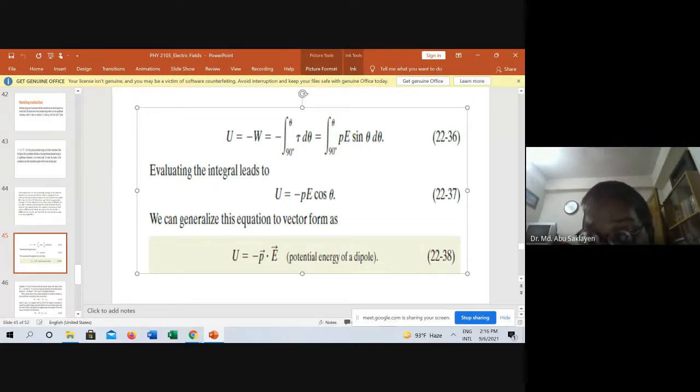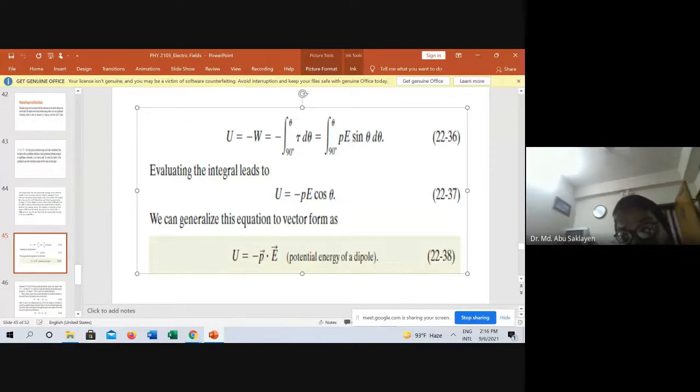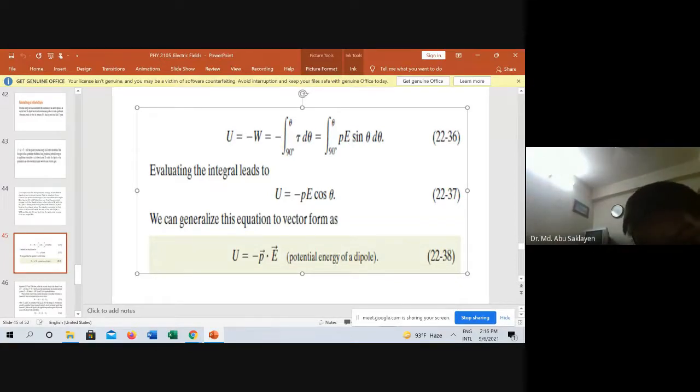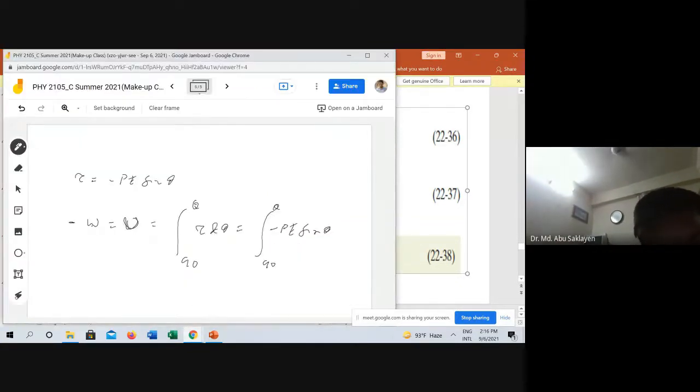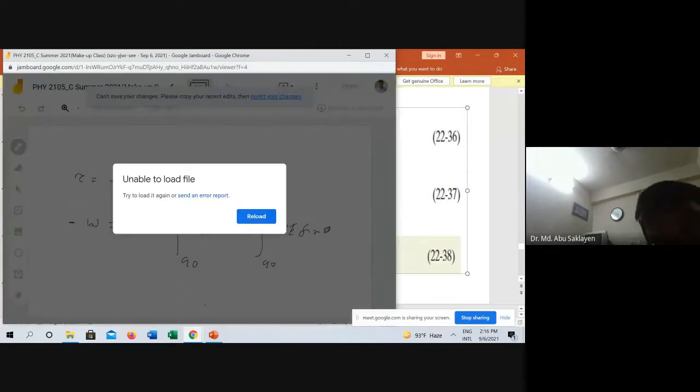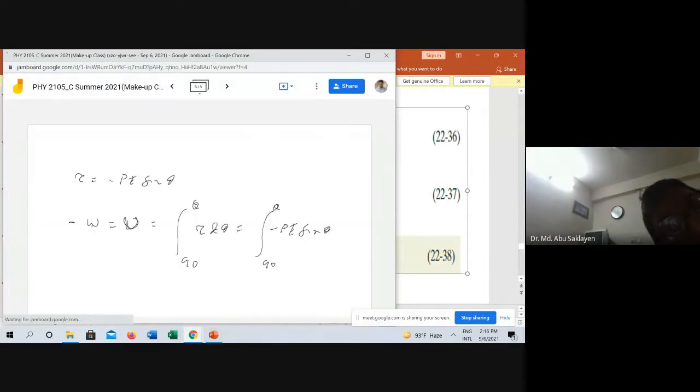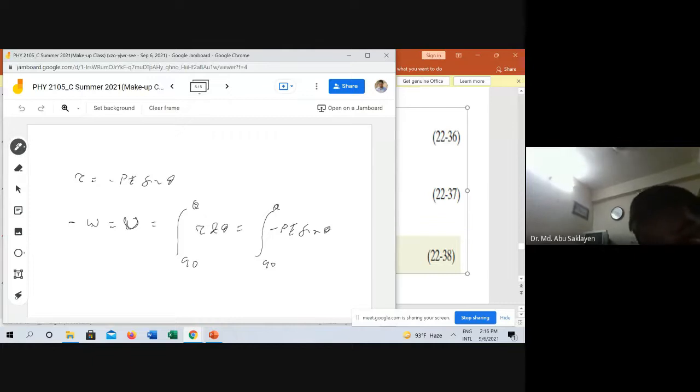So what it will be if you integrate it and put the limit, you will get W equal to minus integration 90 to theta pE sin theta.